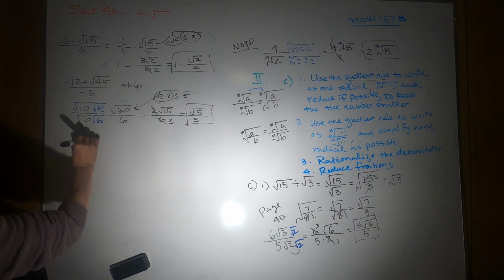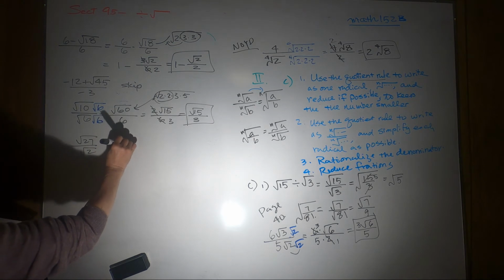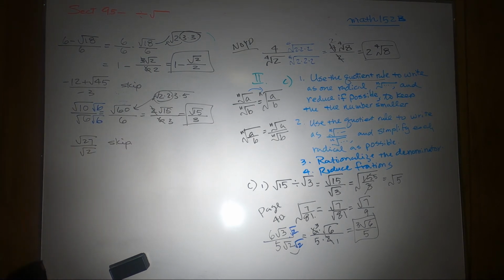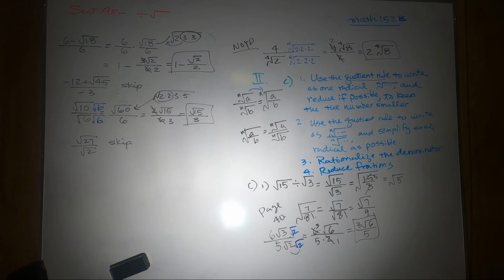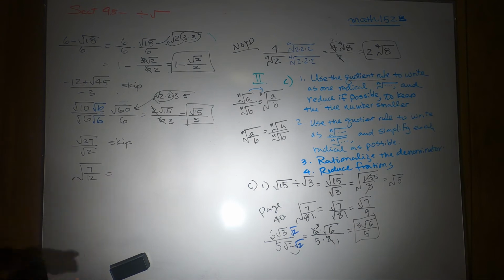And the next one is the same thing as this. We just skip it. In class, we let you practice on it, so you practice on your own. And the next one, 7 and 12, right? So how should we start?